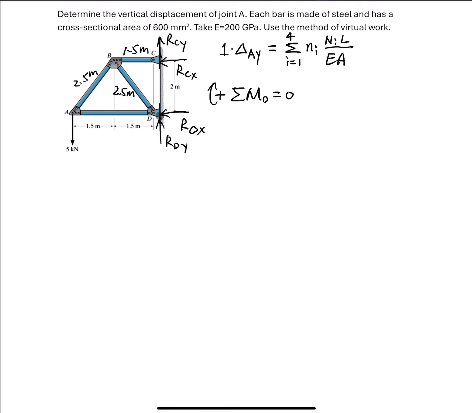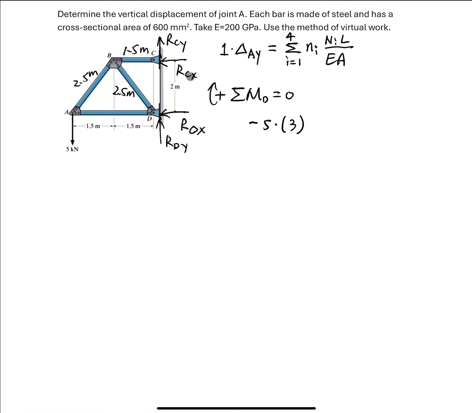First, the 5 kN has a counterclockwise moment, so it's negative: negative 5 kN times the lever arm of 3 meters. This is the moment due to this 5 kN.